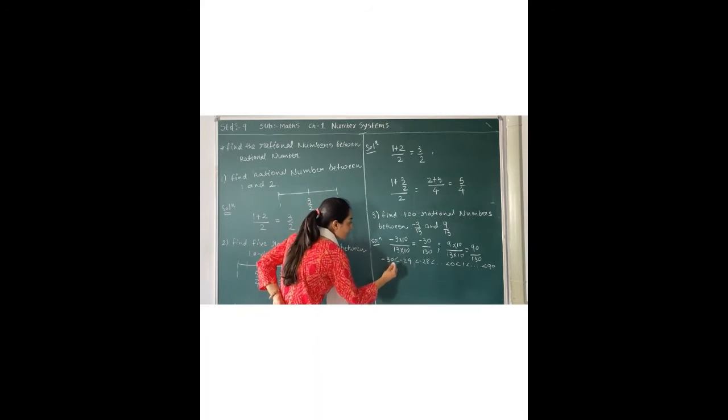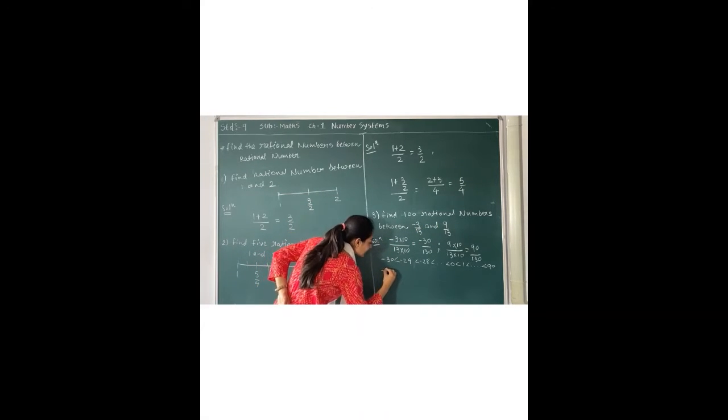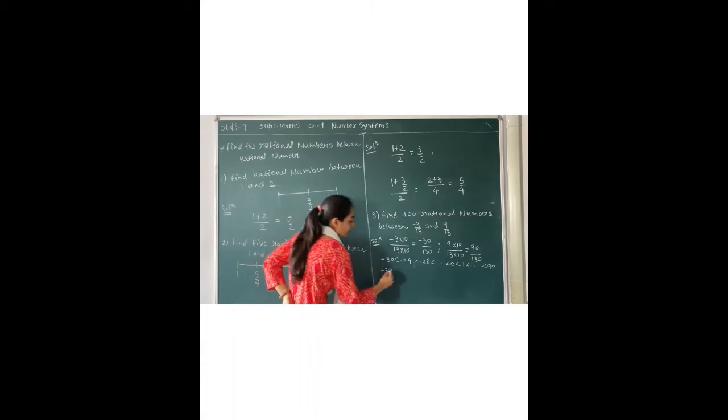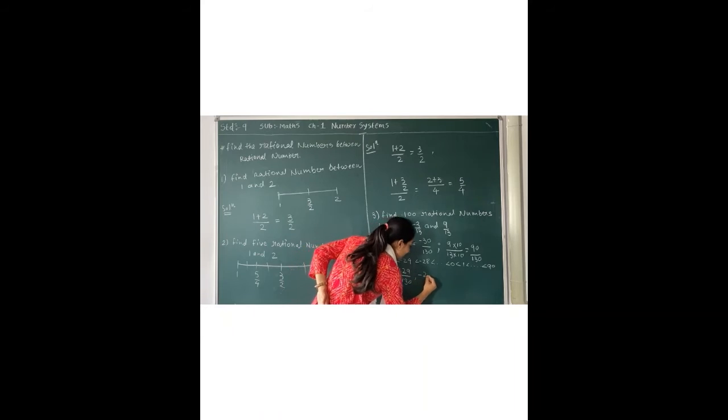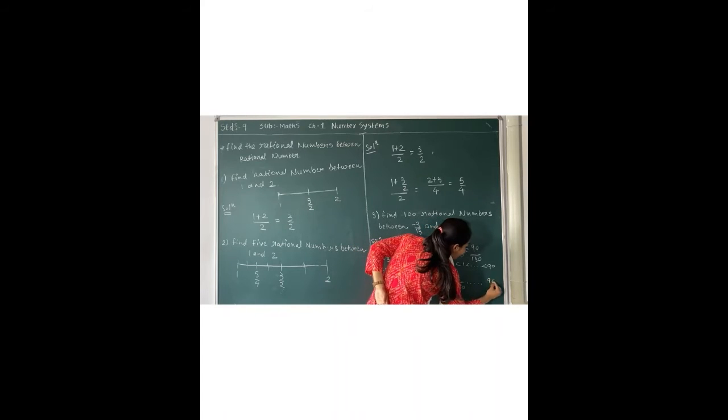So here I can write it this way: minus 30 by 300, minus 29 by 300, minus 28 by 300, and so on, 0, 1, and so on up to 90 by 300.